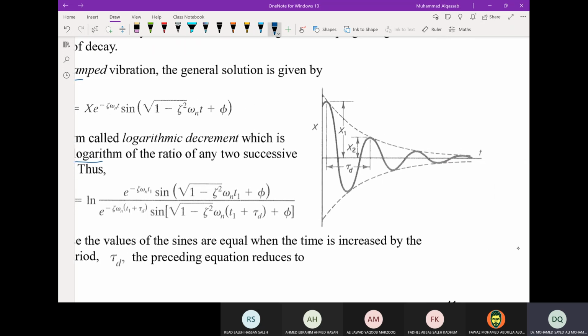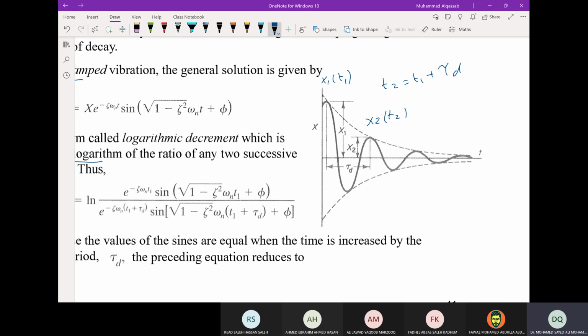If you take x1 at time t1 and x2 at time t2, where t2 is equal to t1 plus tau d, these are called successive amplitudes. The two amplitudes are tau d apart; the time between them is one oscillation. You can take any two successive amplitudes, positive, positive, or negative, negative.